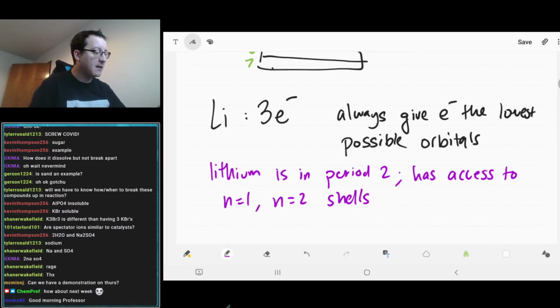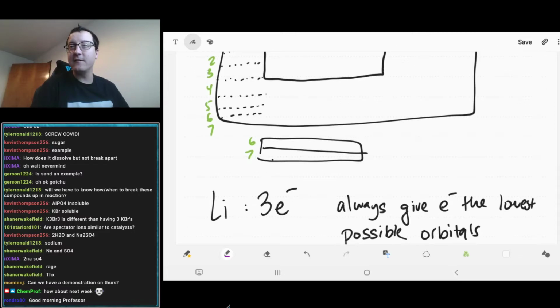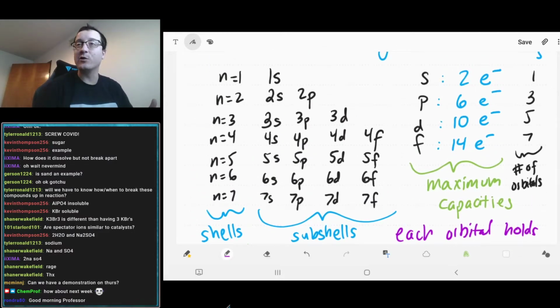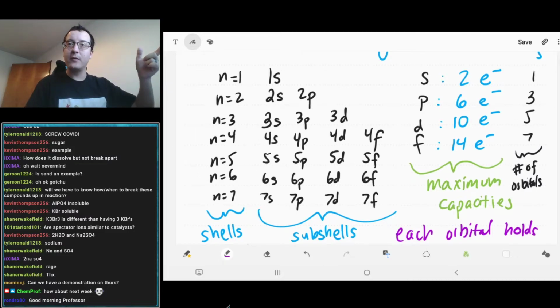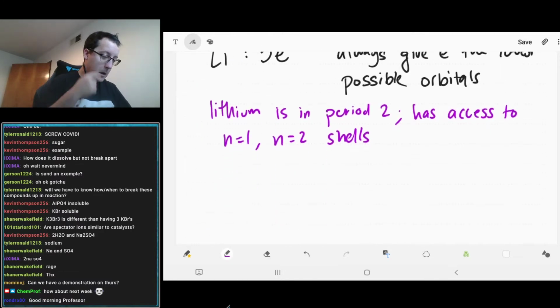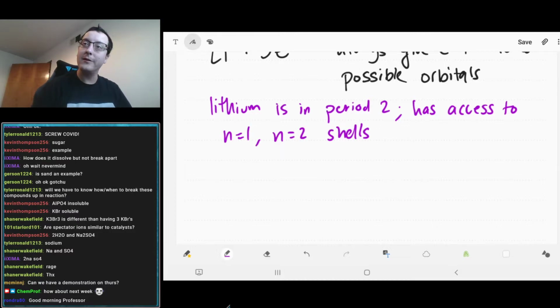That's what the periods mean. So if something is in period 5, it has access to everything through n equals 5. So you always have the stuff that comes before, as well as where you are currently. So lithium currently has access to the N1 and N2 shells.